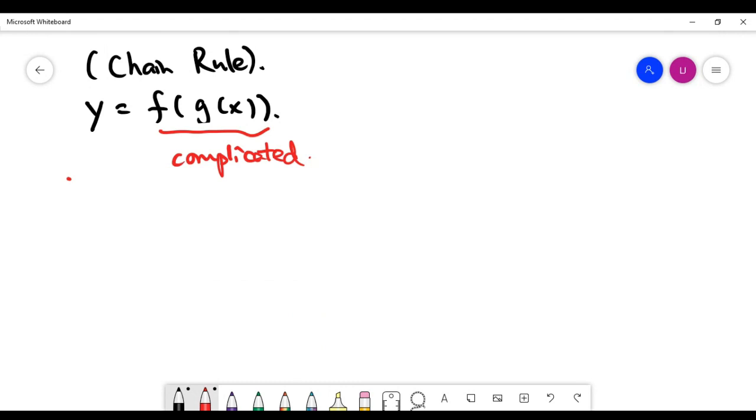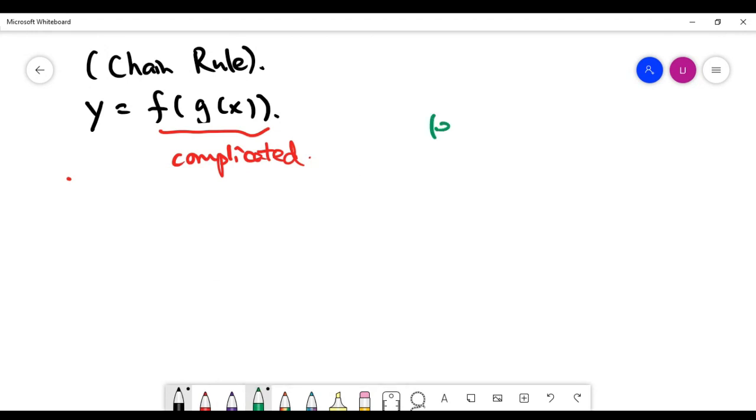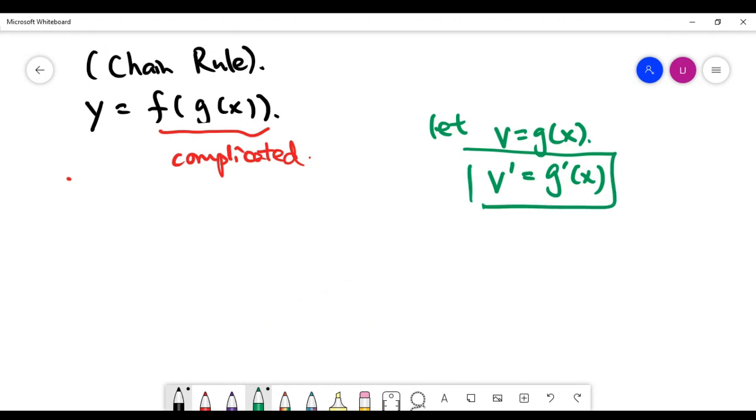To find the derivative in this case, by the chain rule, let v be g of x. Then g prime is the same as v prime. So please look at this. Why am I doing that? In that case, we can view y to be a function of v.